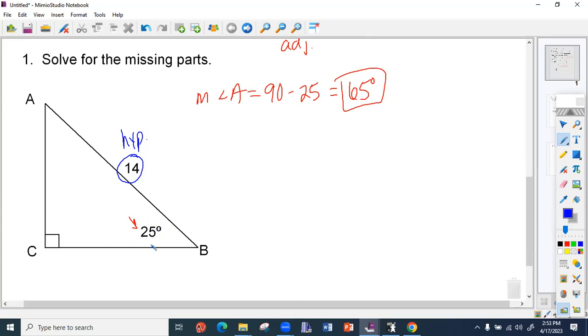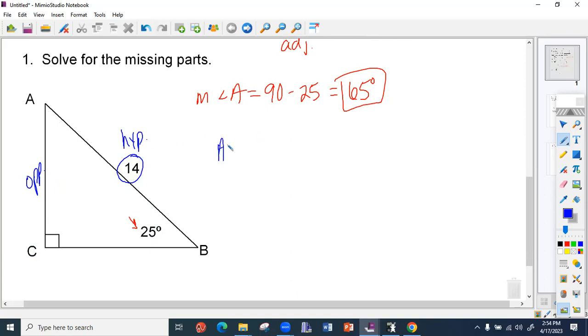Sine. Well, that's the trig ratio, but the relationship is that this is opposite of it. Because it's the opposite, in order to solve for it I'm going to use sine, because I have my opposite and my hypotenuse. Does that make sense?